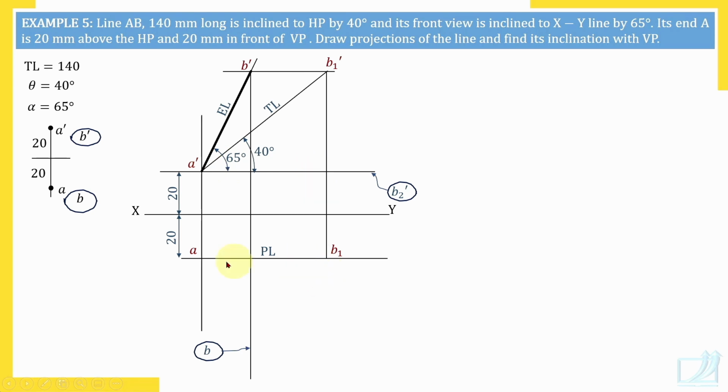Or PL we can rotate. But when we rotate PL, AB1, which other view has same length PL? AB. Is there any line for point B? Yes, this vertical line on which point B is. So we can rotate AB so that we'll get point B here.